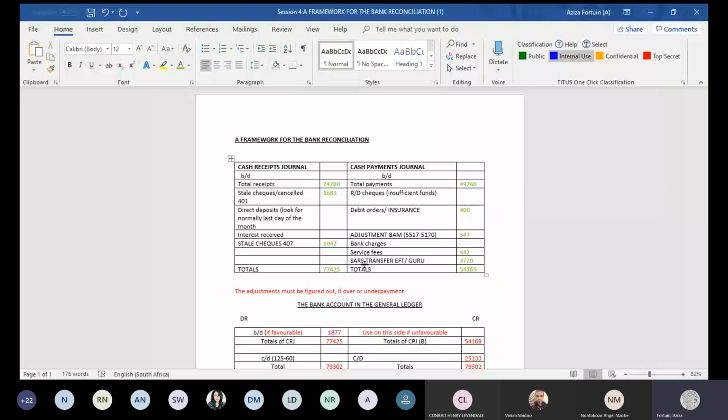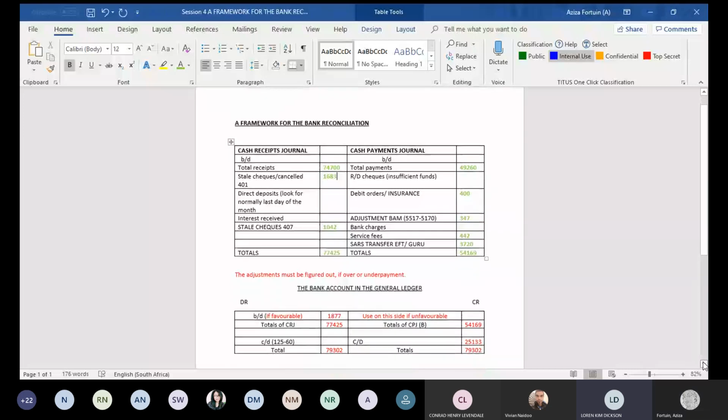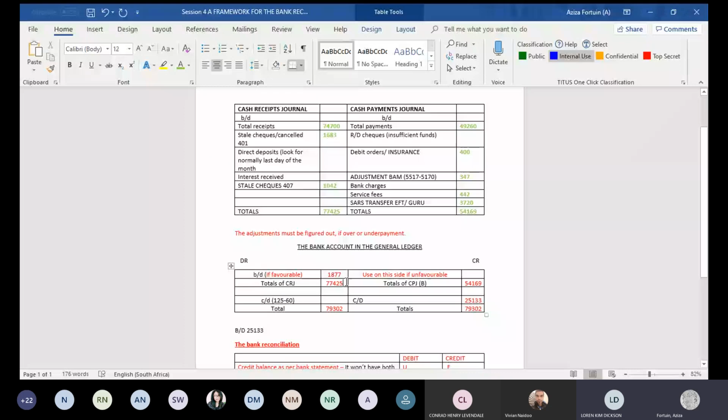Lauren, hello. Yes, Aziza, can you hear me? Yes, I can. On your framework, the brought down under your cash receipts journal and your cash payments journal, would there be values in the question that need to be entered into that space? And how would it be structured? In the exam or on a multiple choice?